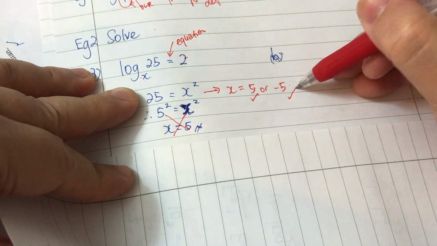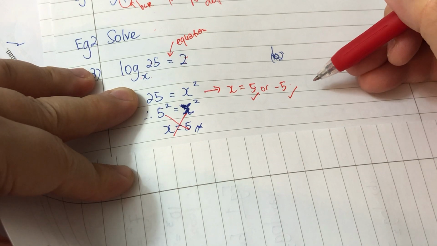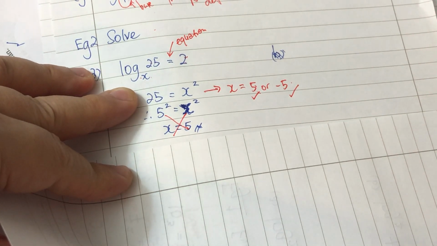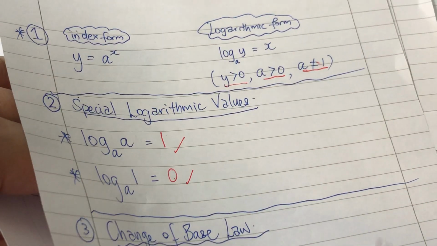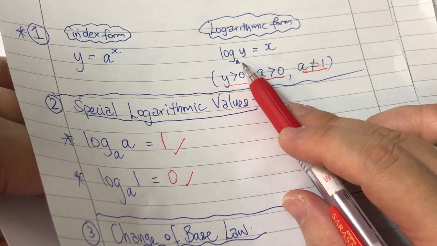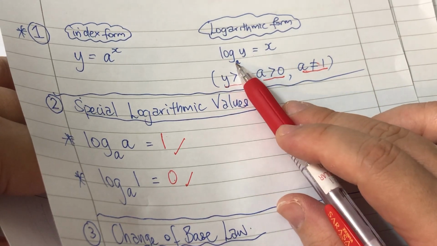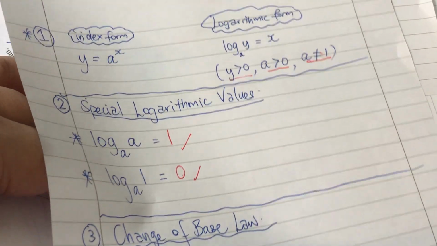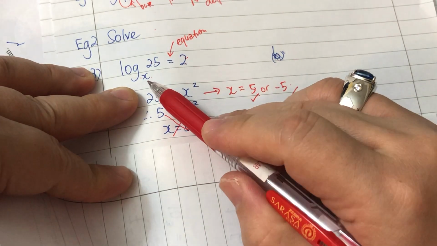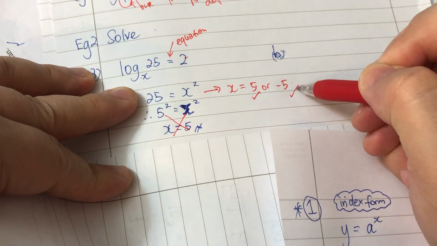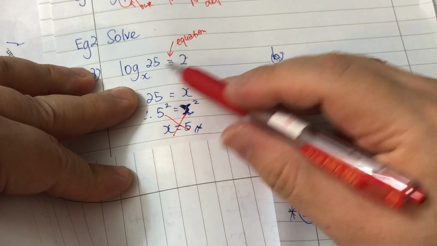But then it contradicts this law. We say that the base must always be greater than 0. So if your unknown is the base x here, your x cannot be negative.